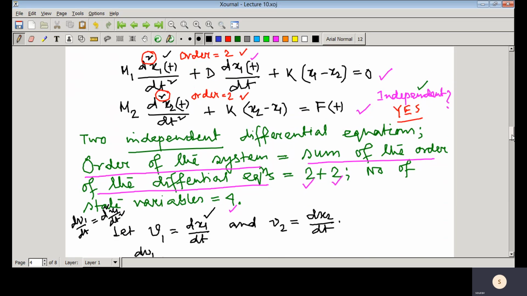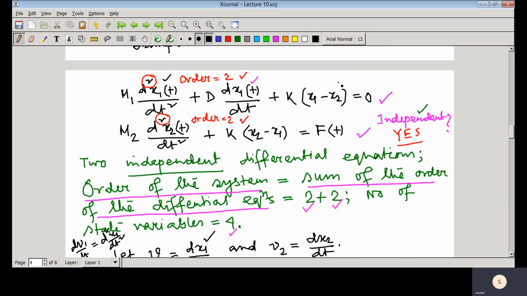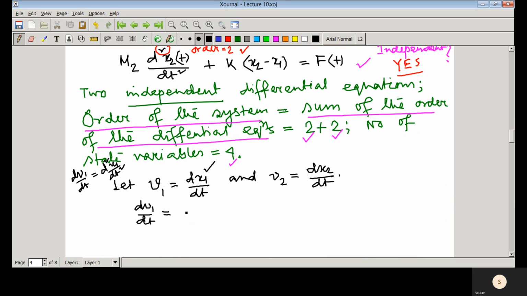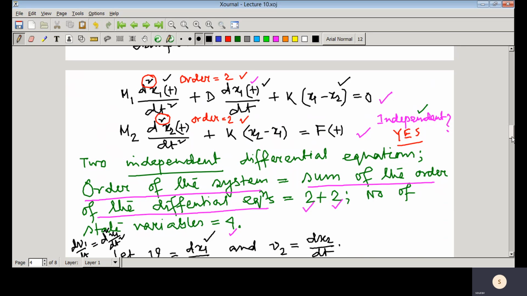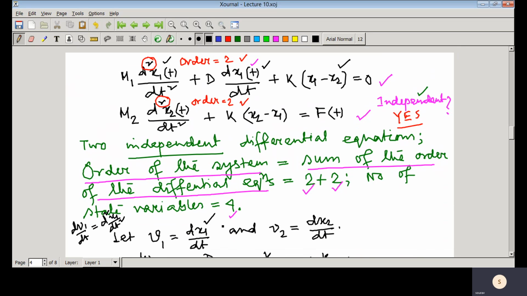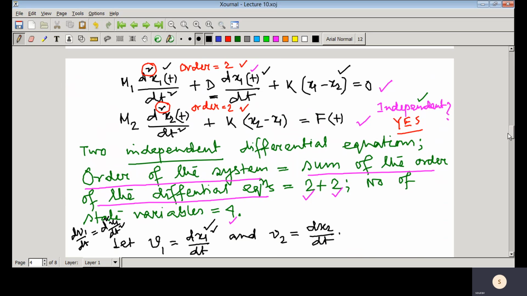Divide this whole differential equation by m1. You will get minus d by m1 v1, then k by m1 x1 plus k by m1 x2. Here you can see that dx1 by dt, as already defined, equals v1.